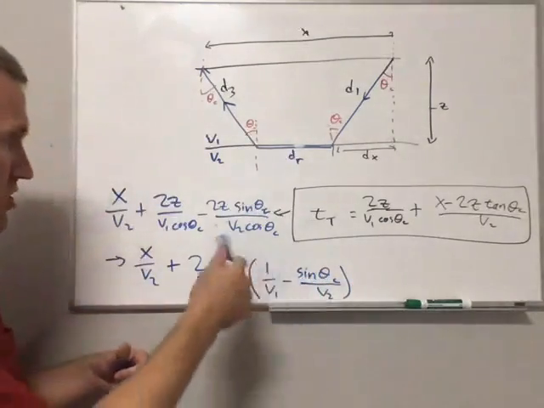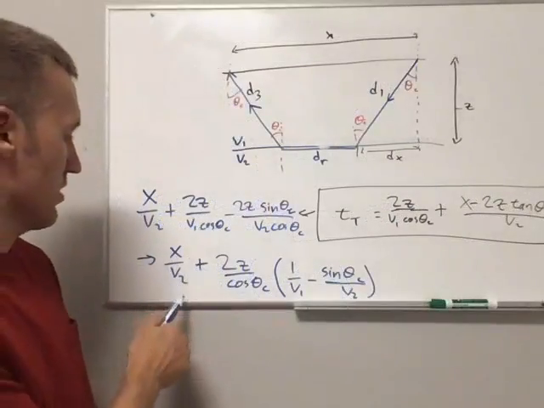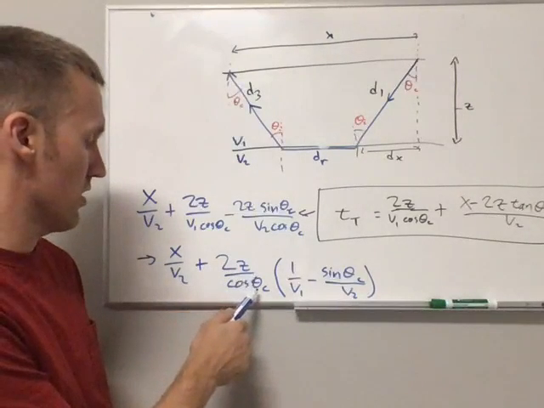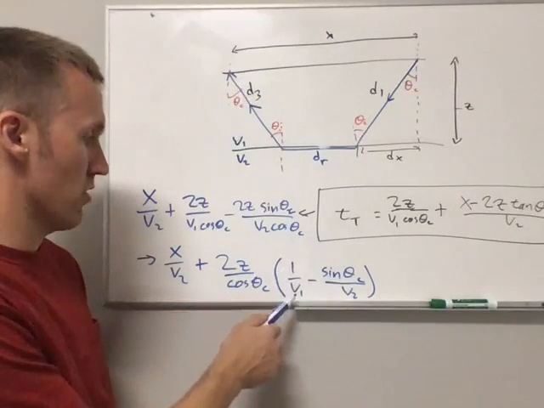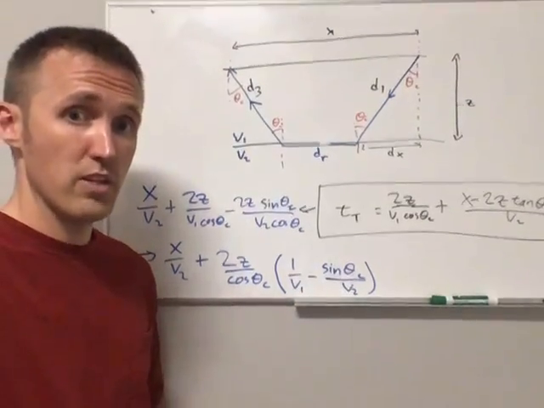We're just rearranging this expression, trying to simplify it down a little bit. Alright, so now we have x over v2 plus 2z over cosine theta c times this 1 over v1 minus sine theta c over v2. Alright, so let's see what we can do with this.